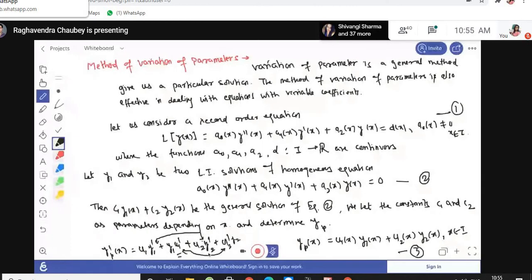Here we do not wish to end up with second order derivatives of u1 and u2, so we take y1 u1 prime plus y2 u2 prime equals 0. So we are left with yp prime equals u1 y1 prime plus u2 y2 prime. In the next page we can write this in separate form.